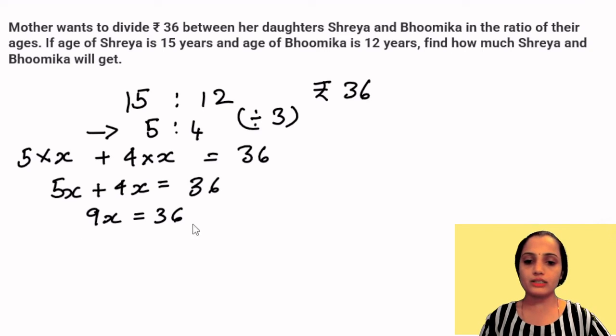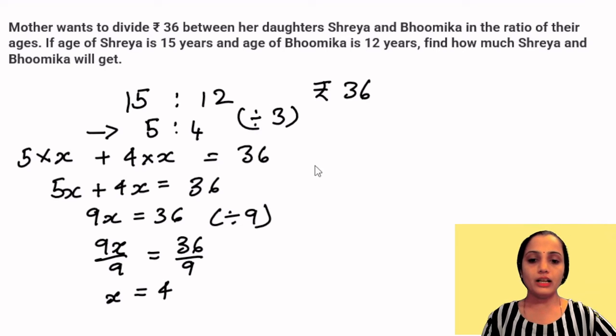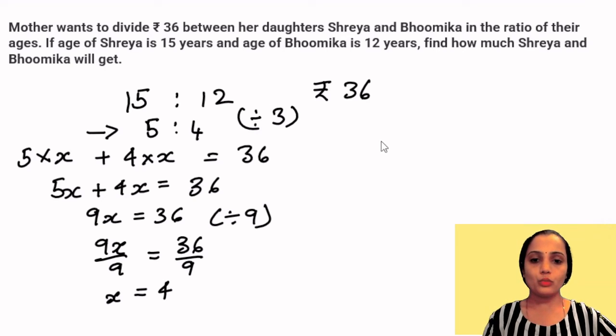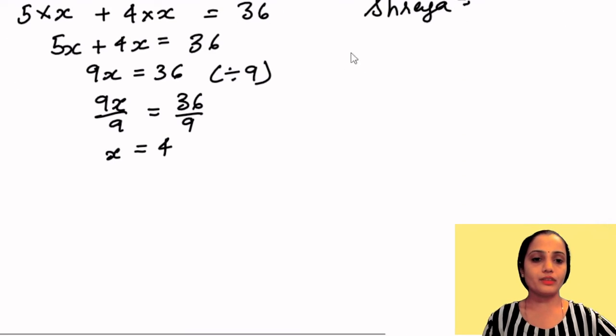Now dividing both sides by 9, as we have seen in algebra, we get 9x by 9 is equal to 36 by 9, which gives us x is equal to 4. So Shreya gets 5 into x.